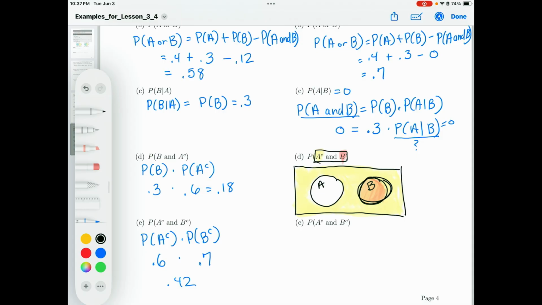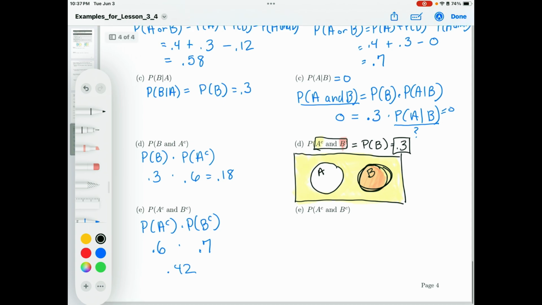What do they have in common? That is the entire set B. So the probability of A complement and B is the same as saying what's the probability of B. That's where they overlap. And we know that the probability of B is 0.3. So that will be our final answer for part D.